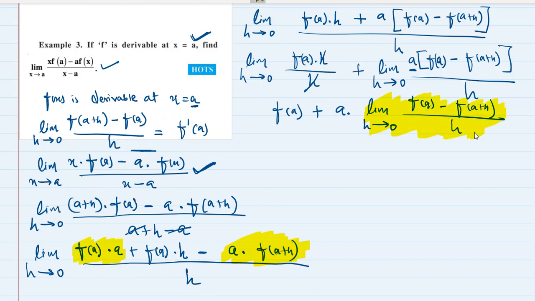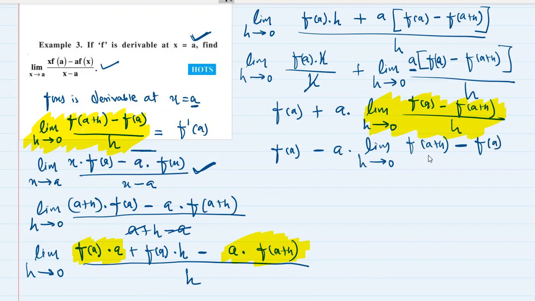This formula is familiar except the fact that the numerator, f of a plus h minus f of a, have swapped their places, as you can see here. So if you write it as f of a minus a multiplied by limit when h tends to 0 of f of a plus h minus f of a, the whole upon h, doesn't make any difference.